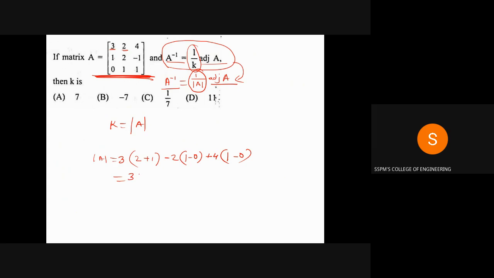So 3 into 3 minus 2 plus 4. So 9 minus 2 plus 4. What is the value? 9 minus 2, it is 7. 7 plus 4 is equal to what? 11. So answer will be D, 11.